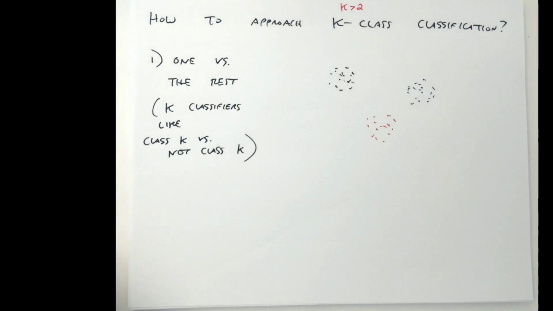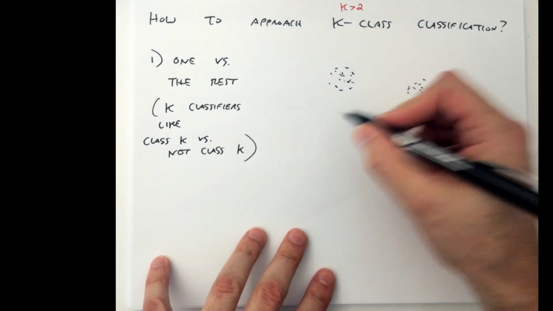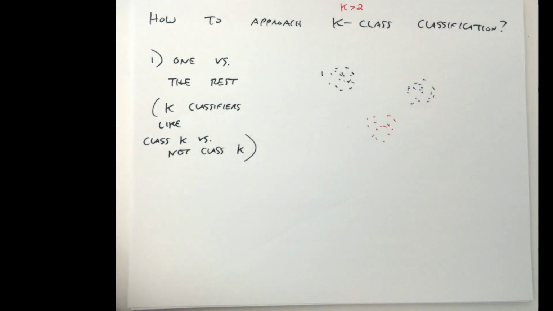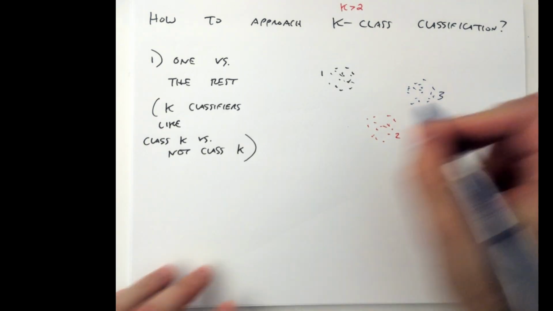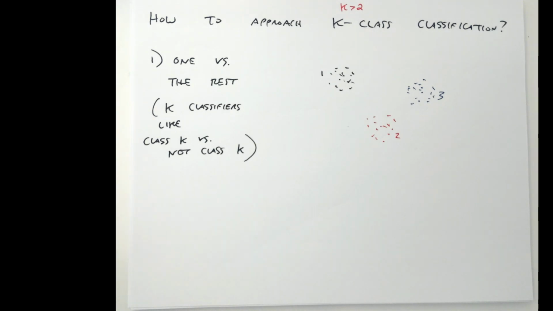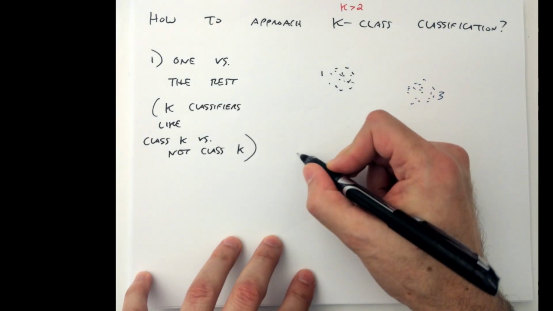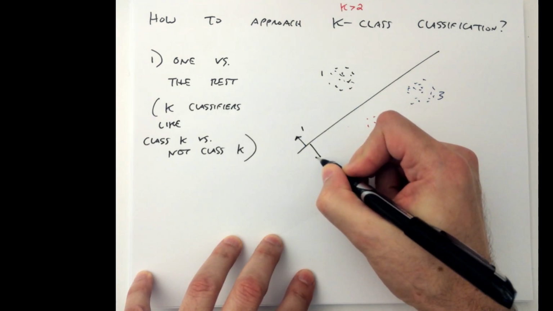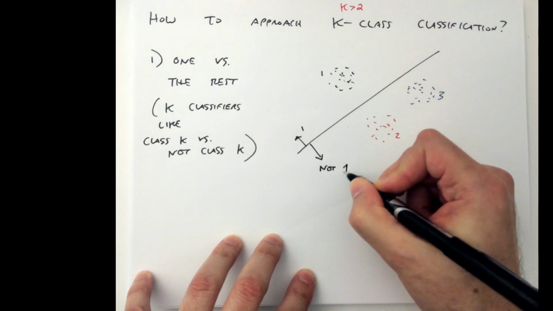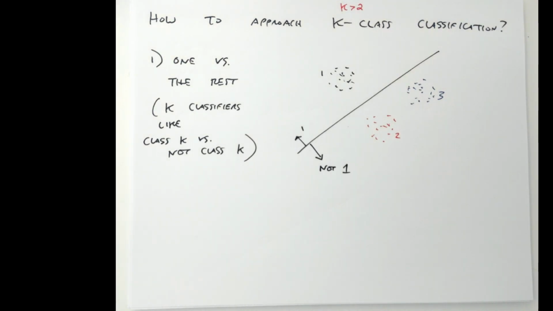So what I could do is draw one line. If I call this class 1, this class 2, and this class 3, and I'm going to do this with just straight lines, I could say, here's a line that is either 1 on this side or not 1 on that side, right? That does a great job of classifying the data, right?